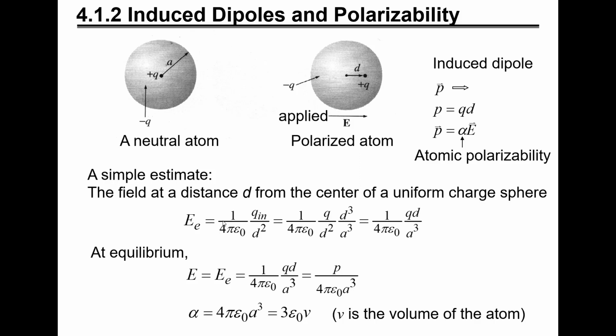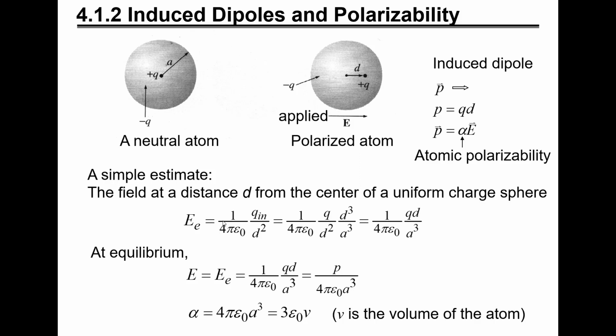Although the atom as a whole is electrically neutral, it has protons and electrons. We know that a neutral atom has equal number of protons and electrons. So in the presence of electric field, the nucleus is pushed in the direction of the field and the electrons in the opposite direction as the field.